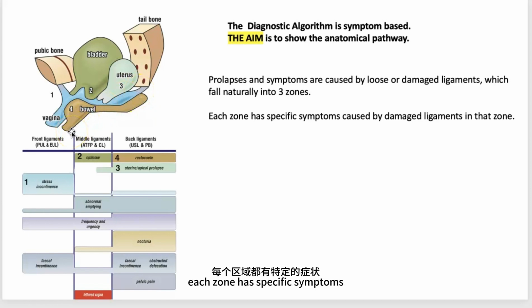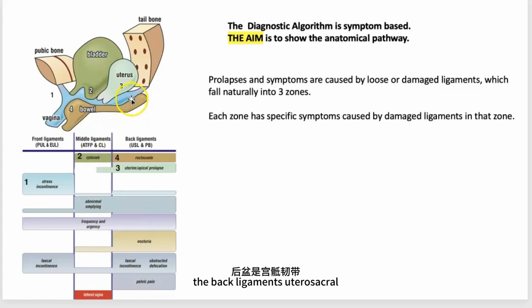Each zone has specific symptoms caused by damaged ligaments in that zone. Anterior zone, stress incontinence, PUL laxity. Middle zone, cardinal ligament laxity, can cause cystocele. Two main symptoms: abnormal emptying, frequency and urgency.